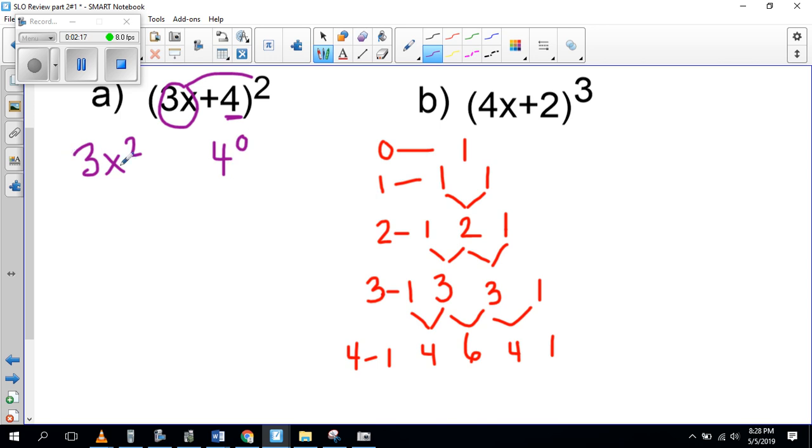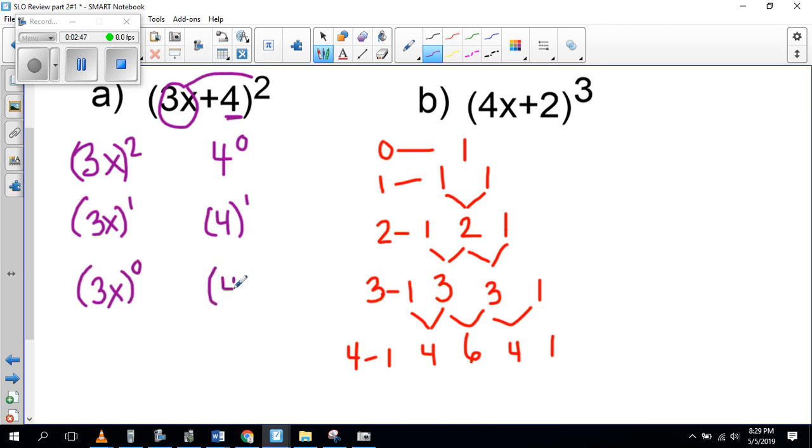And the 3x is going to decrease until they don't have any. So we keep going. So 3x, it had 2, now it has 1. The 4 had 0, now he has 1. 3x had 1, now he has 0 because he's going down by 1. The 4 had 1, but he's going up by 1, so he has 2.